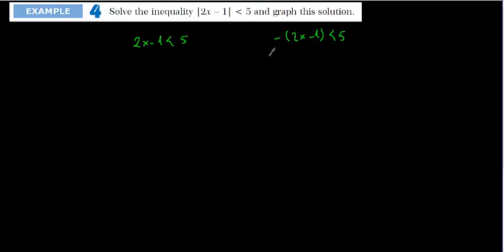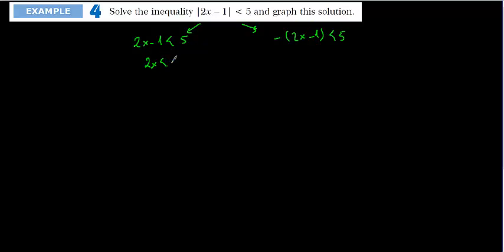How to make it positive? You multiply by the minus sign. Firstly, I need to remind you: when we have absolute value, we need to think about both solutions. So 2x minus 1 will be less than 5, or minus (2x minus 1) will be less than 5 again.